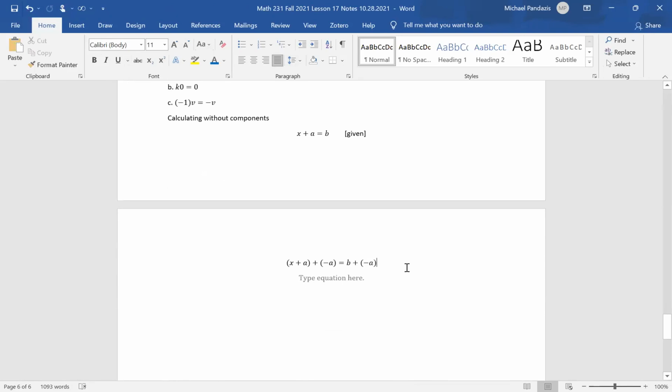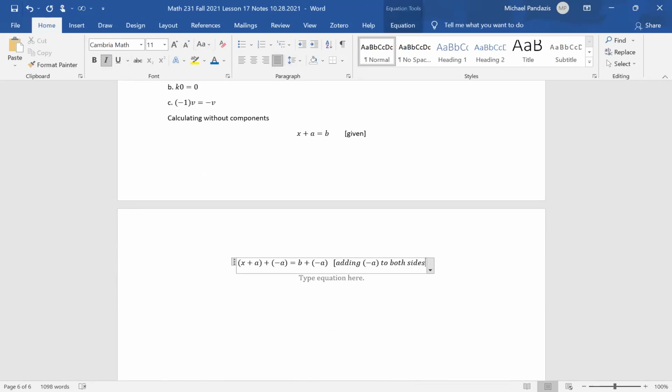Then you get this by adding negative a to both sides. Now I have x plus a plus negative a equals b plus negative a. Then I can think of the left side as x plus (a plus negative a). And I can think of the right side as just equal to b minus a.